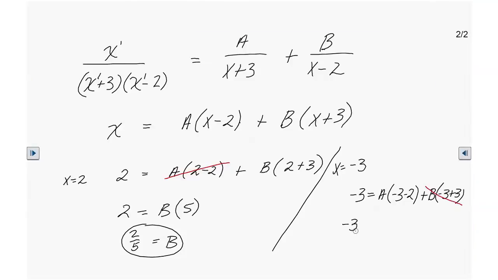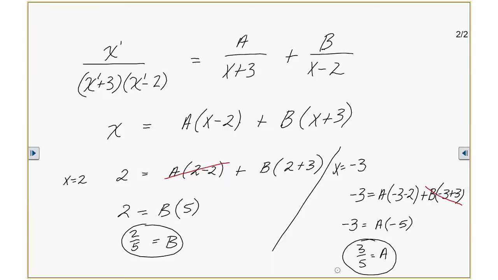Minus 3 is equal to A times what? Minus 5. And A is equal to what? So now I can rewrite that as 3/5 over x plus 3 plus 2/5 over x minus 2.